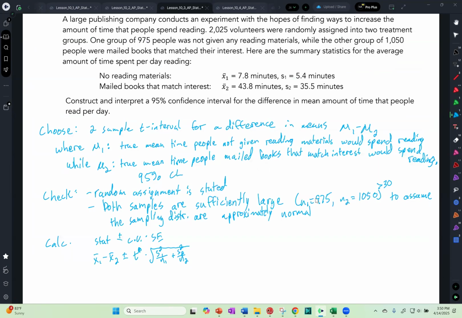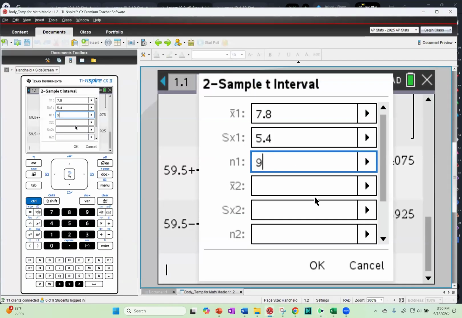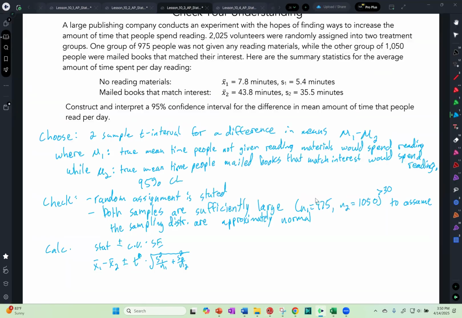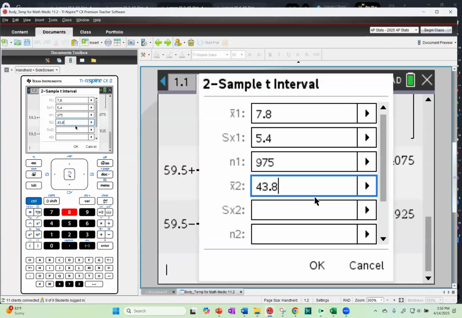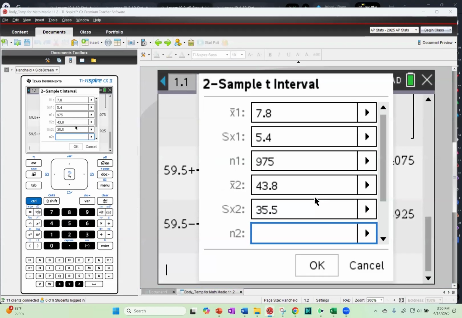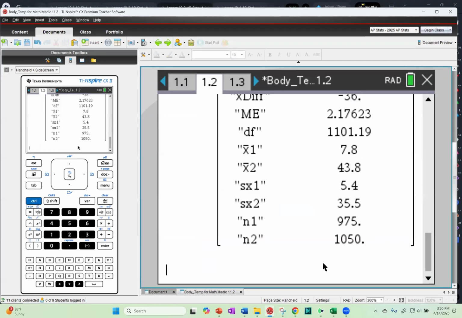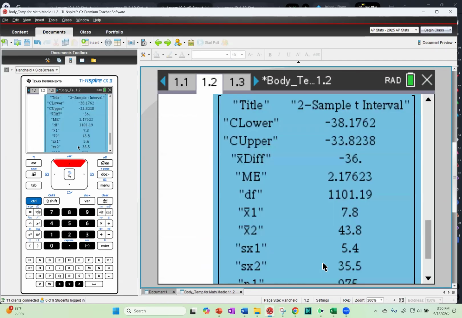Let me go check. 975. x bar 2 is 43.8, 35.5, 1050. Remember, we do not pool our data. Confidence level was 95%. There it is. And that is the interval that we have calculated.